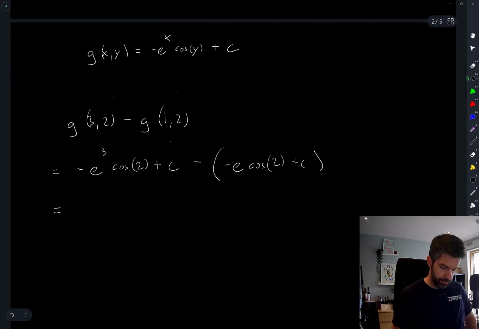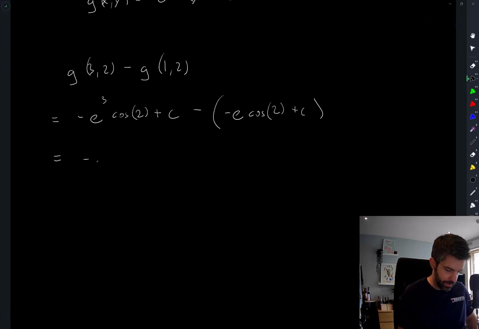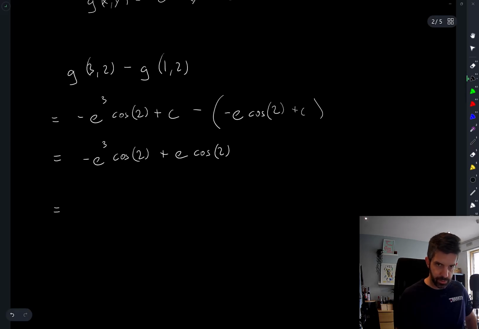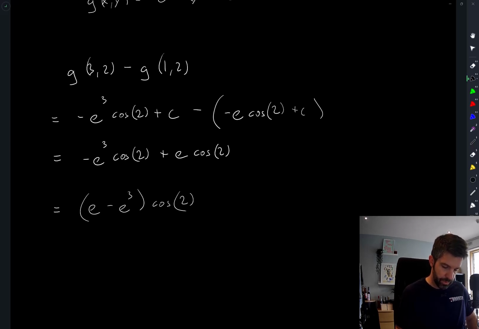So that should give us negative e cubed cosine 2 plus e cosine 2. Is this one of the options? We can factor out e. Well, no, the way they've written it, they factor out cosine 2. So yeah, they write this as e minus e cubed, cosine of 2, which is answer E.